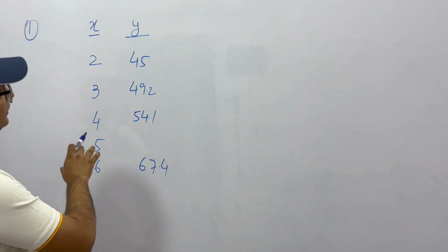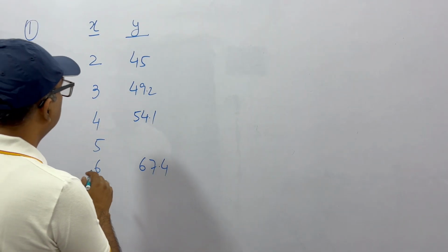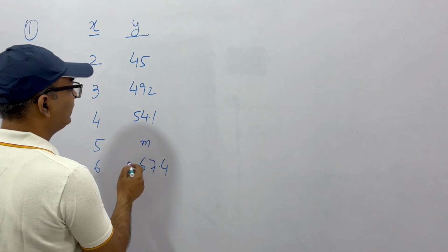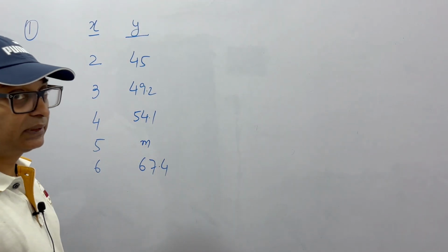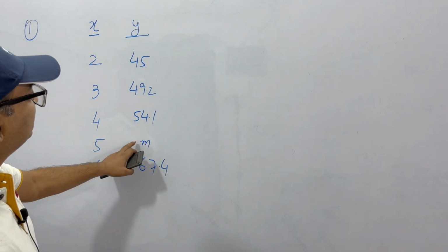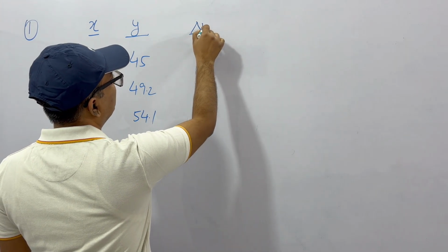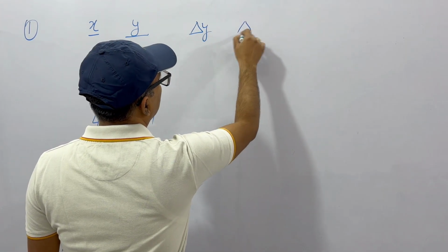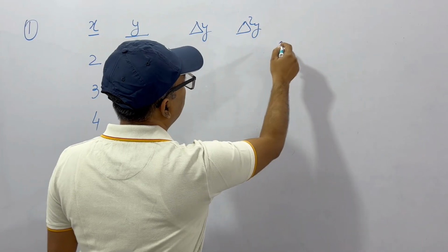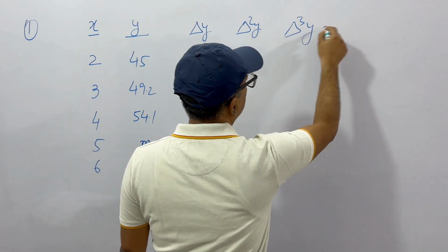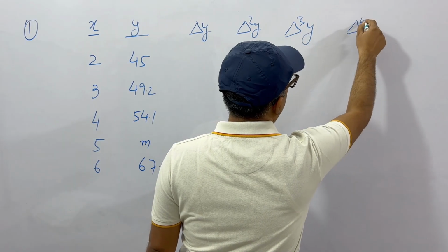So this is our example. We'll solve this. Let's say this term is m. We don't know this missing term m. We have to find this missing term. What we'll do, we'll construct the difference table. So this will be delta y, then delta 2y, then delta 3y, and then finally delta 4y.